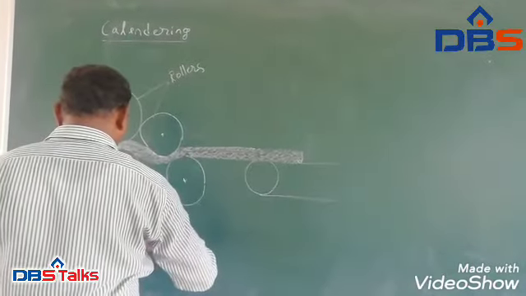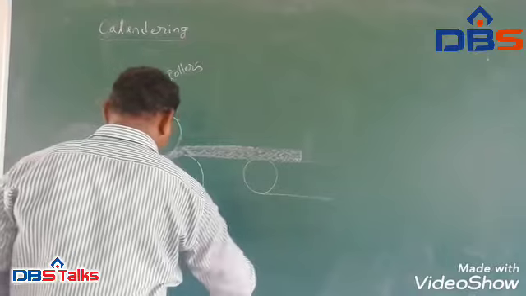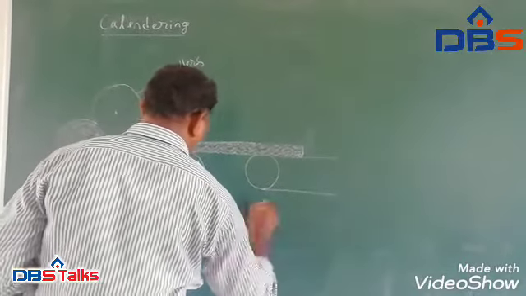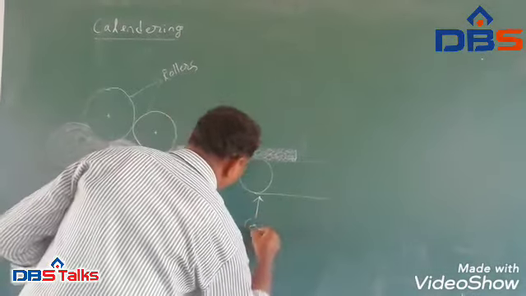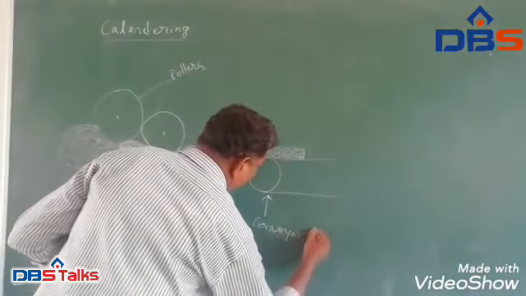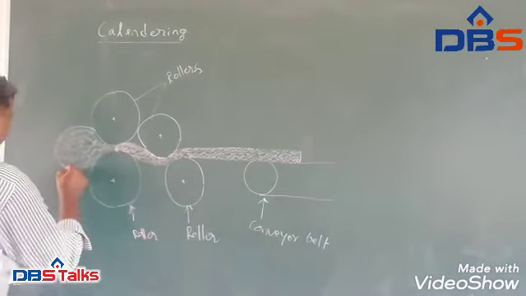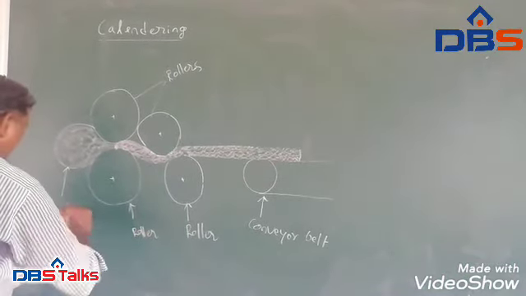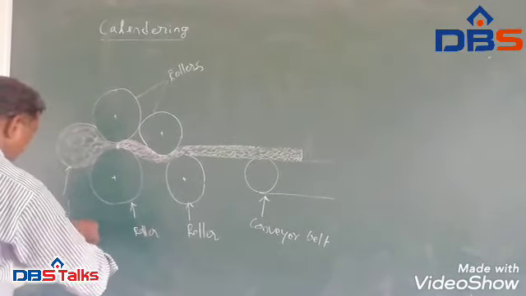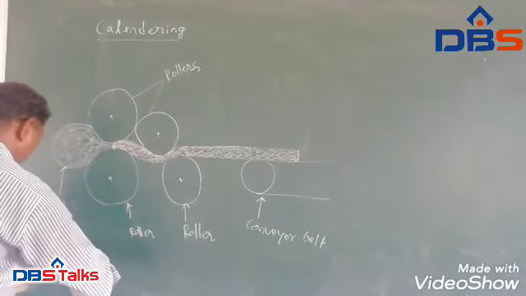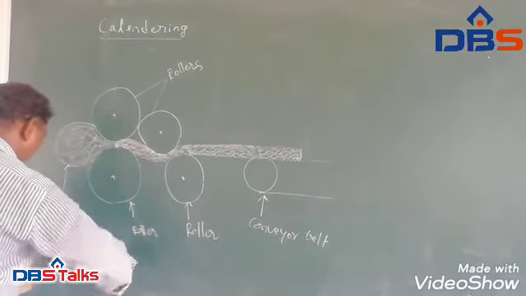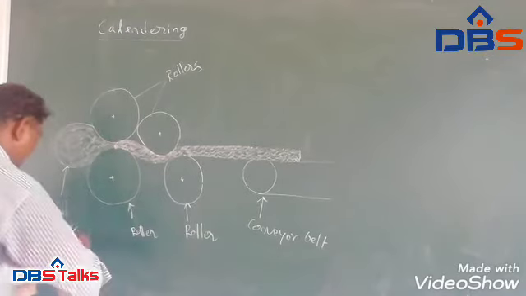This is also a roller. This is the conveyor belt. This is the hard sheet, which is having high thickness.